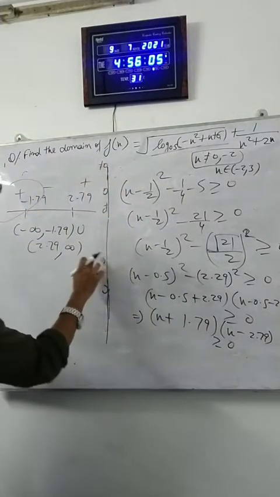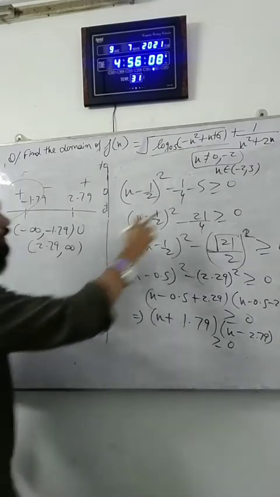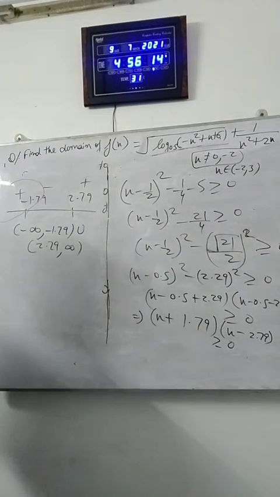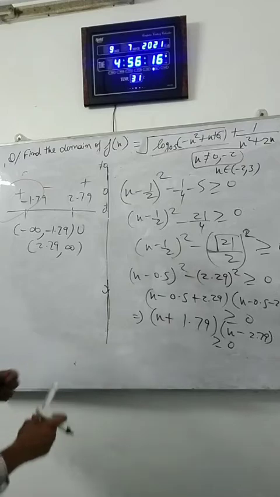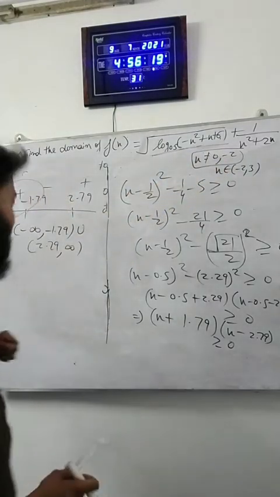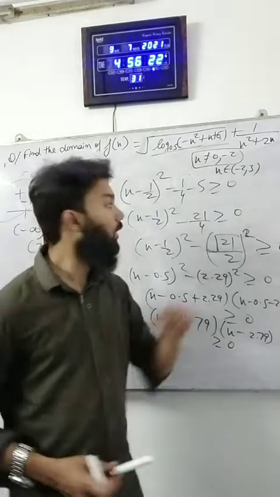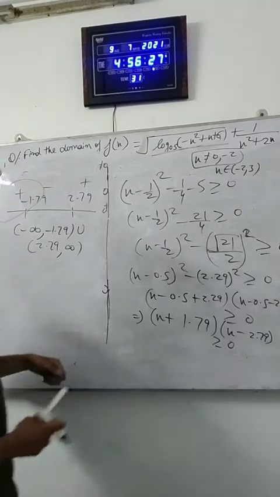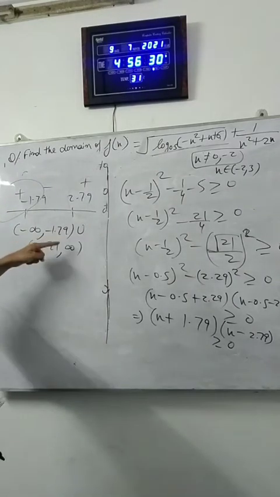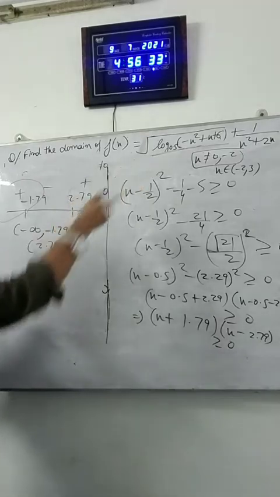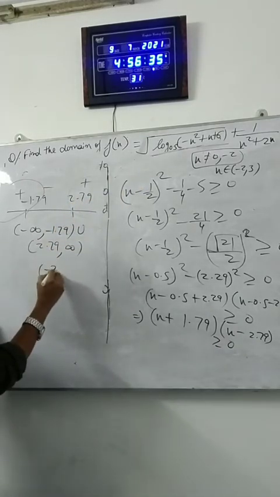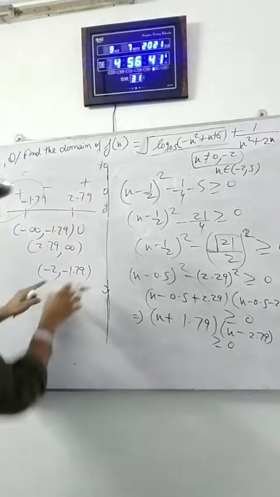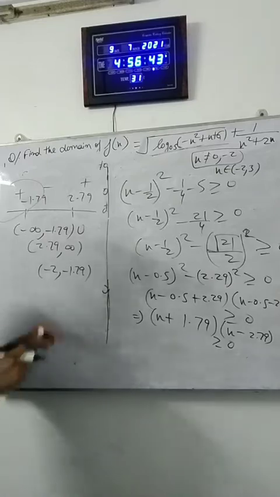Now I have to combine the third condition's result with the result of conditions 1 and 2. Now to combine the conditions, we can see that x cannot take any value less than minus 2, because the second condition is saying so. And here it is taking values less than minus 2. So combining these two conditions, we will get minus 2 till minus 1.79.